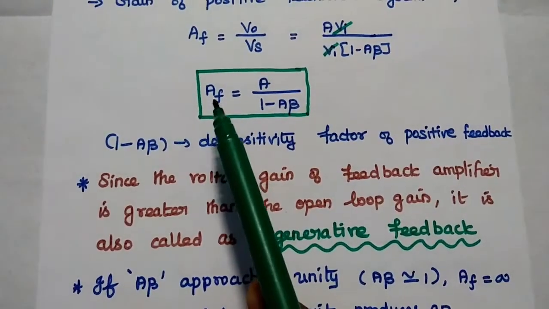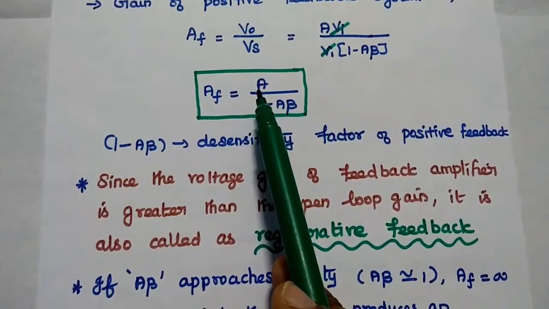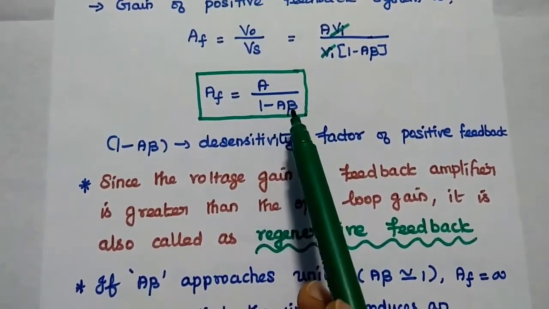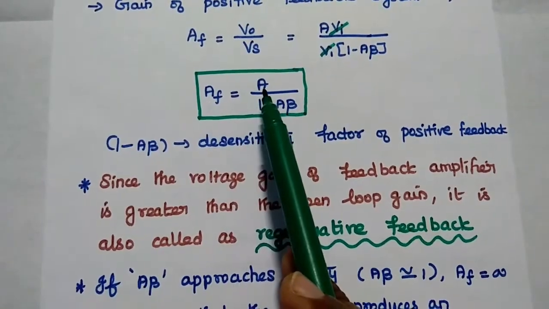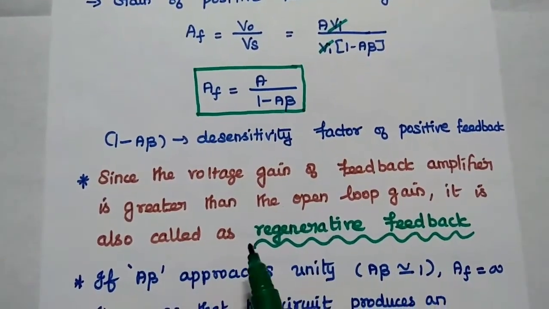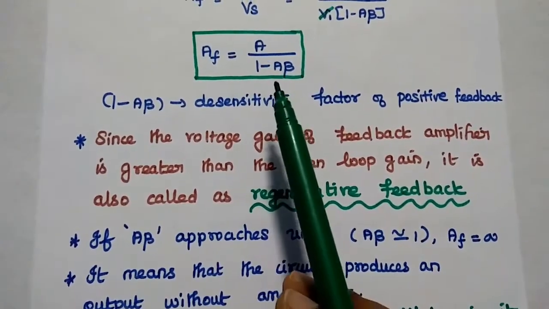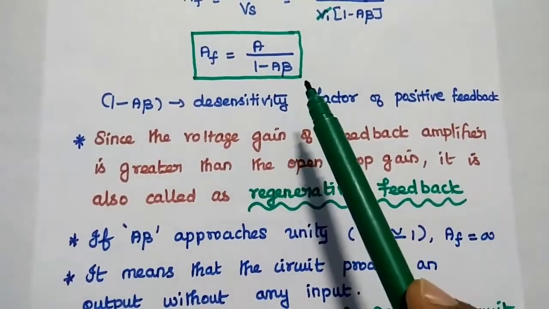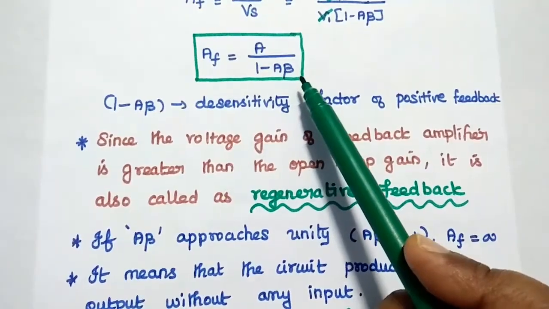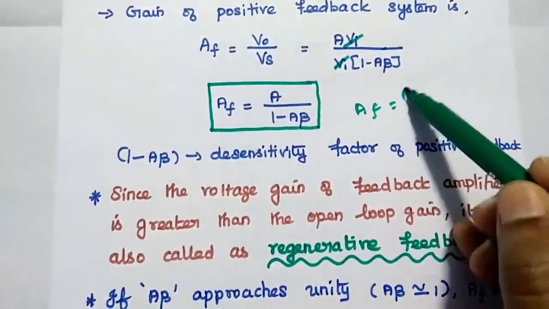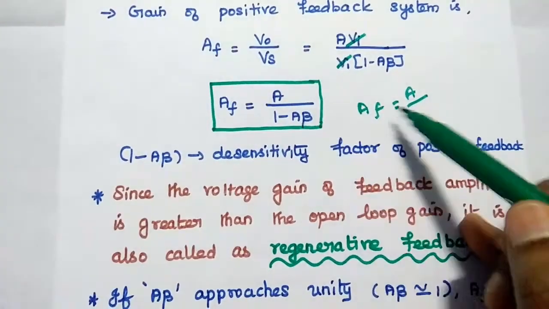Here the closed loop gain is greater than this A, that is divided by 1 minus A beta. So it is greater than this A. Hence it is called as regenerative feedback system. If this A beta approaches unity, if it is approximately equal to 1, what will happen? This term becomes infinite because A divided by 1 minus 1 is 0.